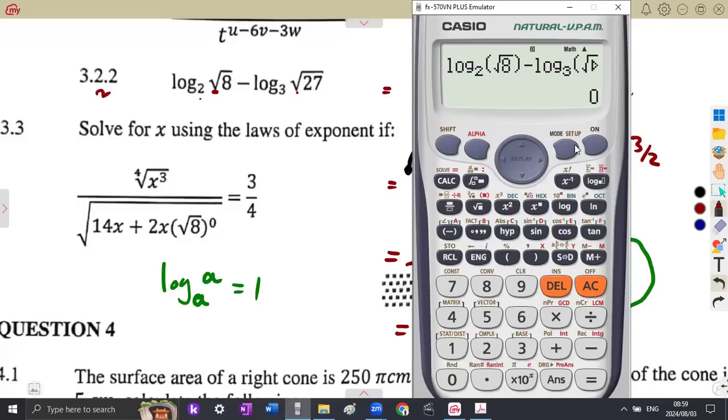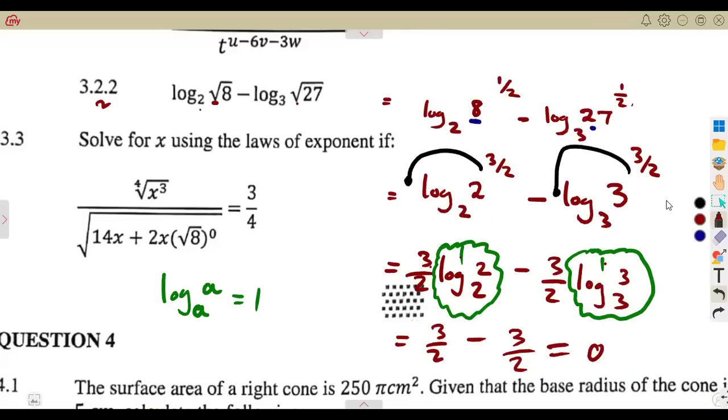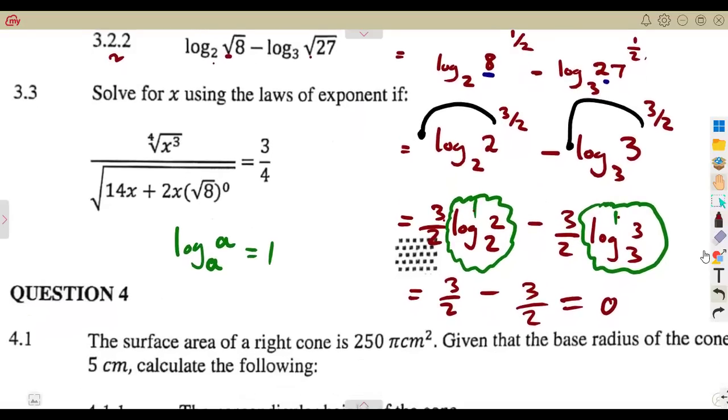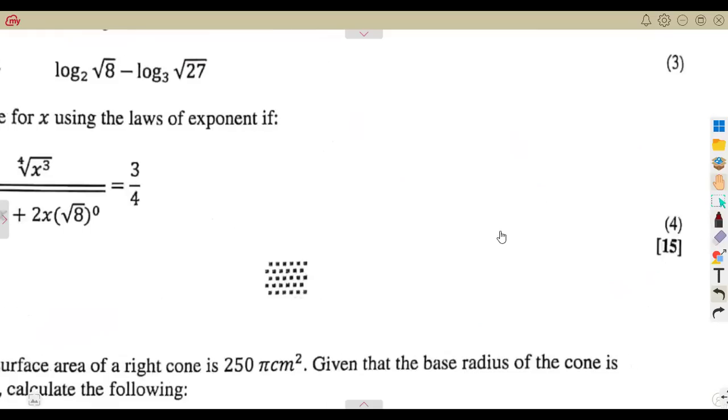As we can see, that gives us a 0, which is exactly the same answer. Use your calculator to prove it. Are you having the same answers as what you would obtain if you were simplifying directly? All right, so that was it for 3 marks, which is fine.